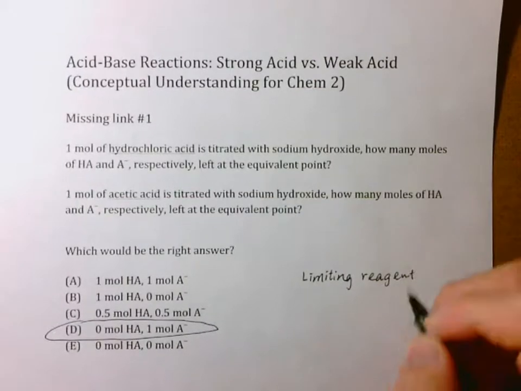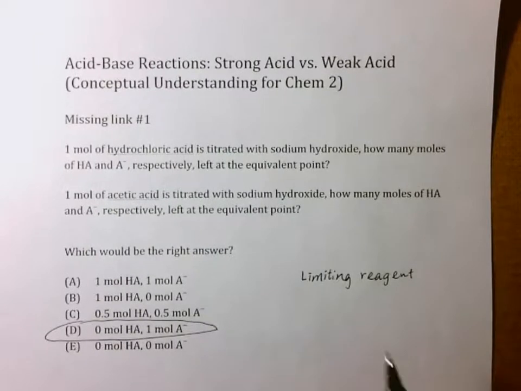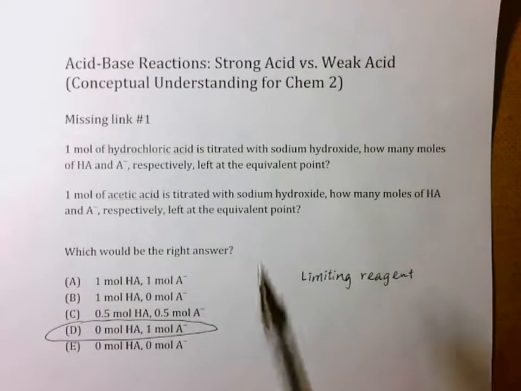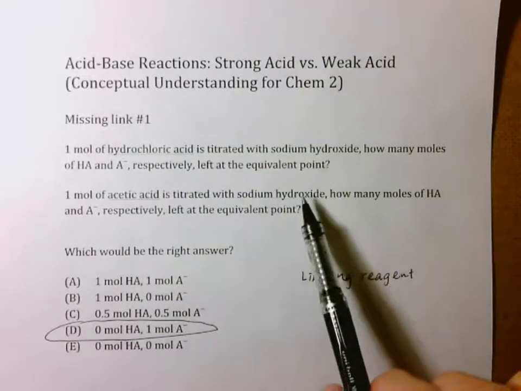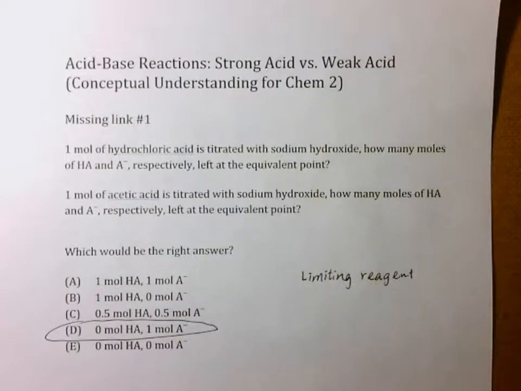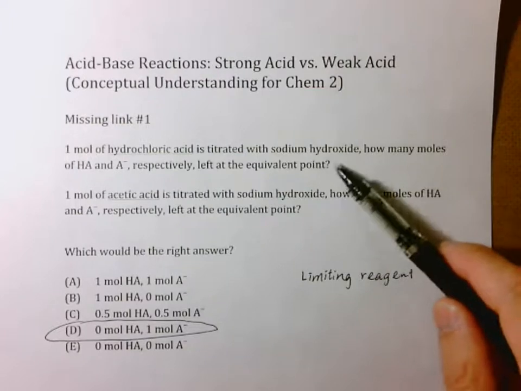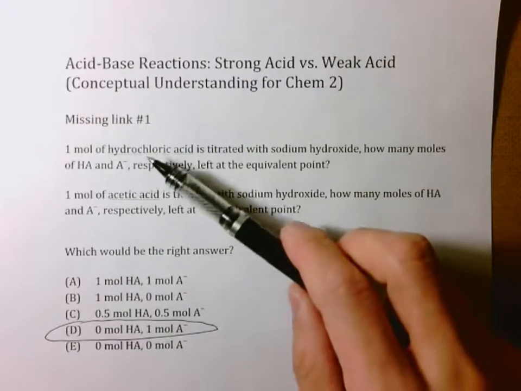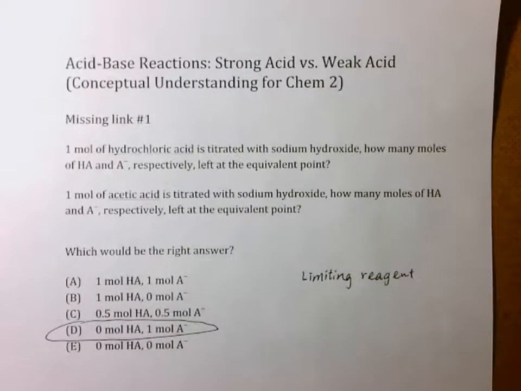It's just such a big word, it scares a lot of students, I know. Limiting reagent just means which one is being consumed first. Think about, you have acid being titrated by using sodium hydroxide. That means you can assume you have unlimited amount of sodium hydroxide to consume the acid. So at the end of the reaction, the amount of acid left over should be 0.